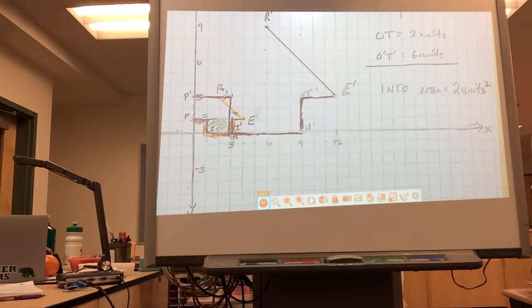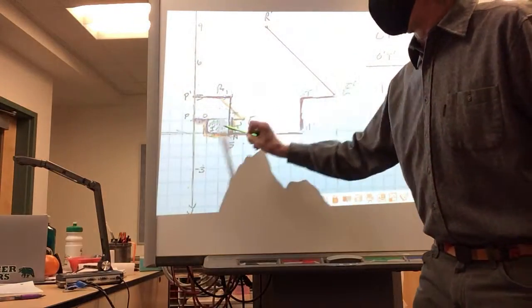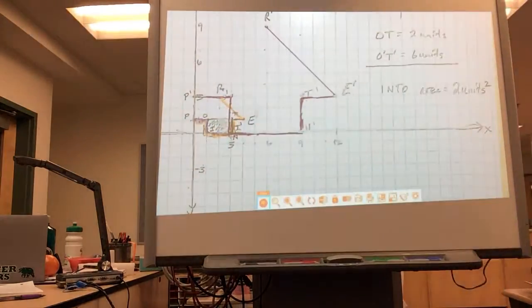What is the image of INTO? INTO is the original rectangle that gets made when we put in this small little section here. What is its image called? Don't lean back like that, please. What is the name of its image? What is the geometric name of its image?